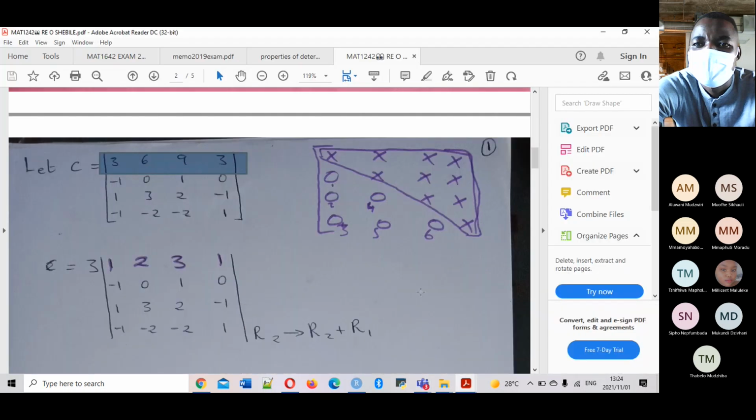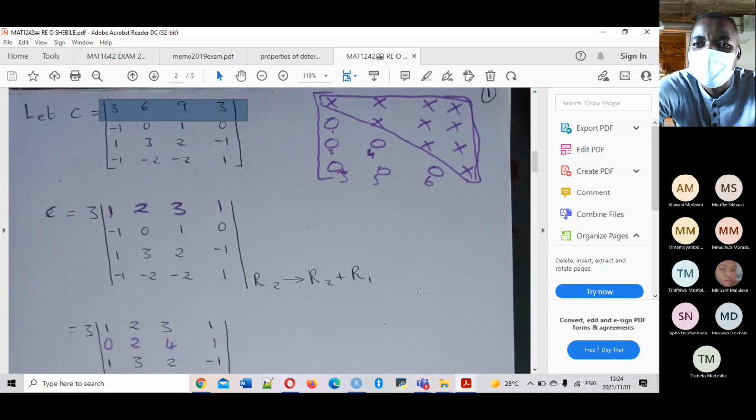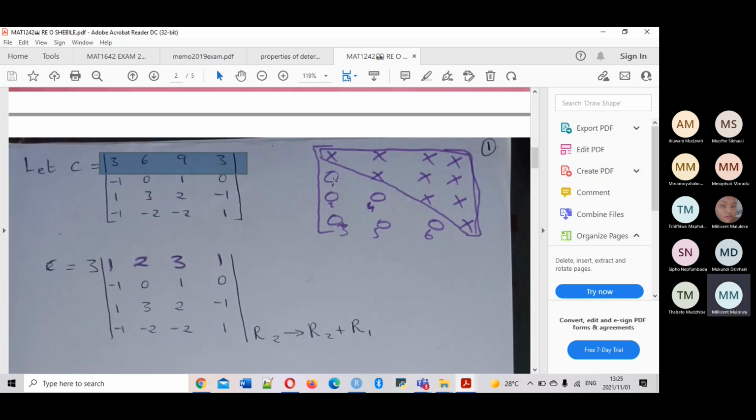So now, when we proceed, we find that now we must have how many zeros? 1, 2, 3, 4, 5, 6.